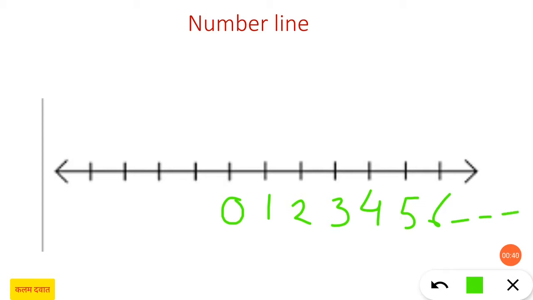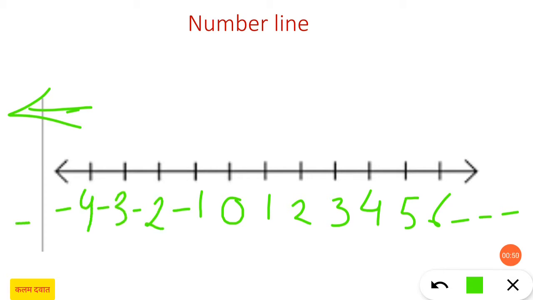And when we move to the left side of this number line we get numbers which have a negative sign: -1, -2, -3, -4 and so on. So we know that the number line is unending on both sides. These arrows are showing that it is unending. We don't know the highest number and the lowest one, because the negative number line is also unending.